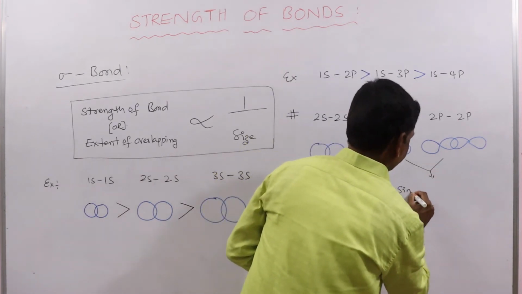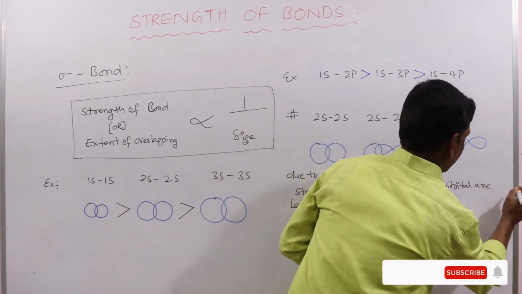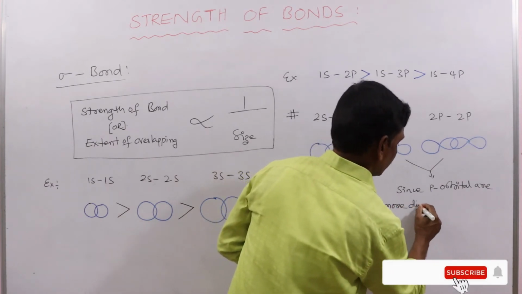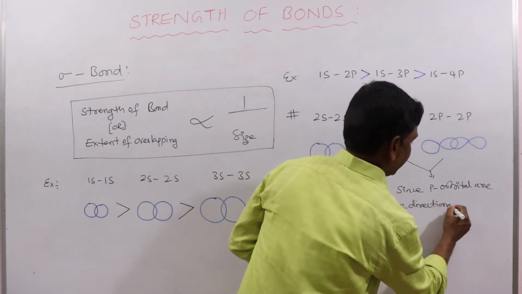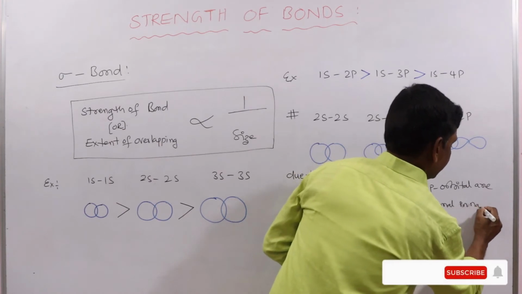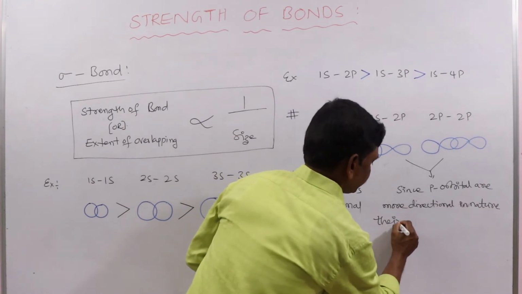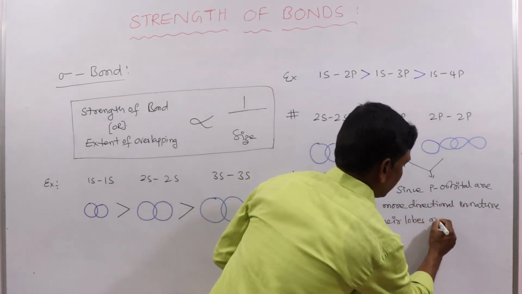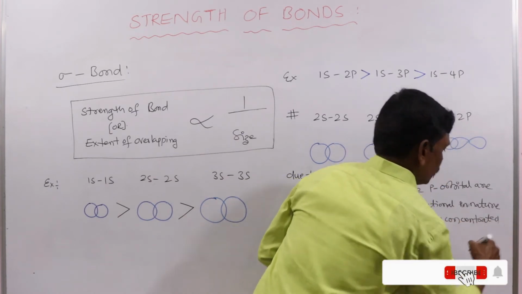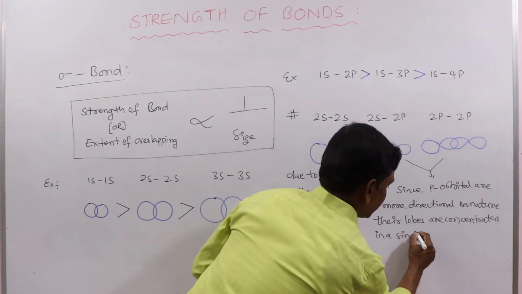So in case of s and p, since p orbitals are more directional in nature, their lobes are concentrated in a single direction.